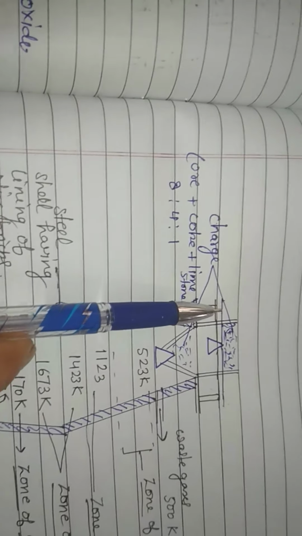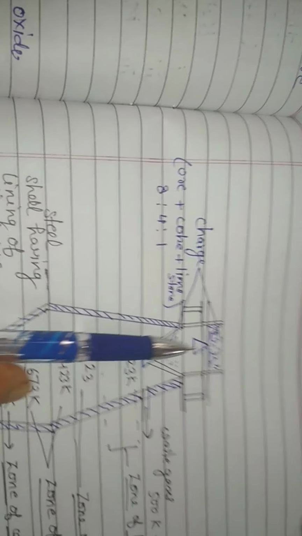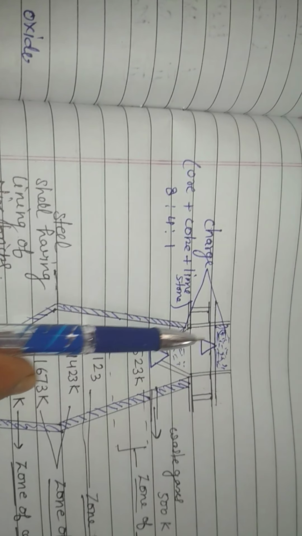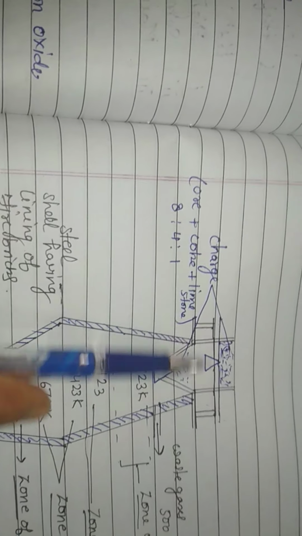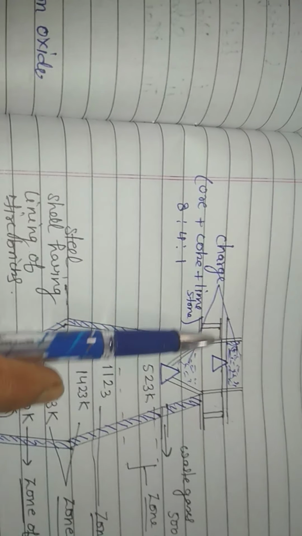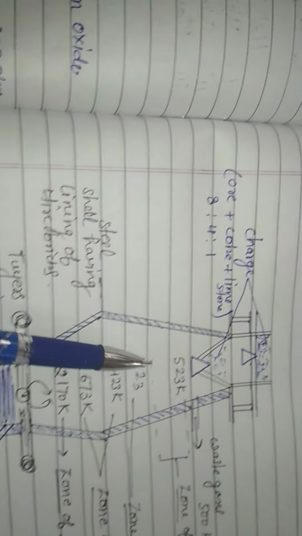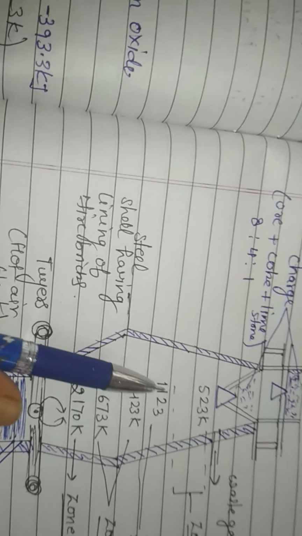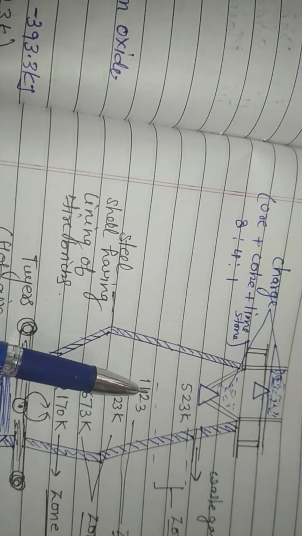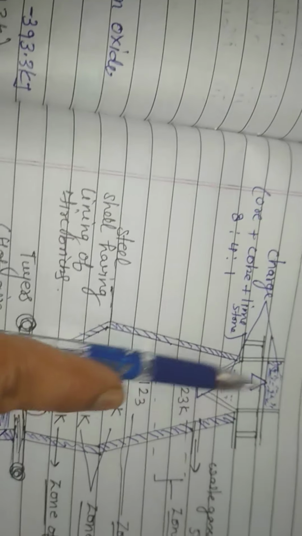Because when the charge is dropped, the first cone would be open, then it comes to the next one, and the lid of this cone would be closed. Thereafter the charge would be dropped in the hearth, or you may say in the furnace. So it prevents the exit of gases during the charging process.